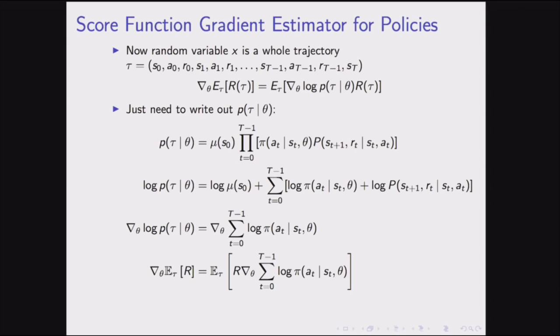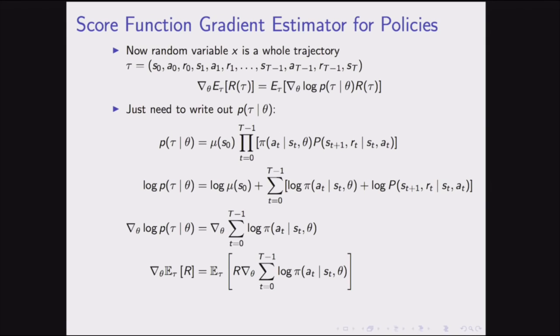So there are parts of this probability distribution, p of tau given theta, that we don't have access to. If this is reinforcement learning, we don't assume that we know the dynamics model of the system. We just find out about it by sampling, by doing episodes.